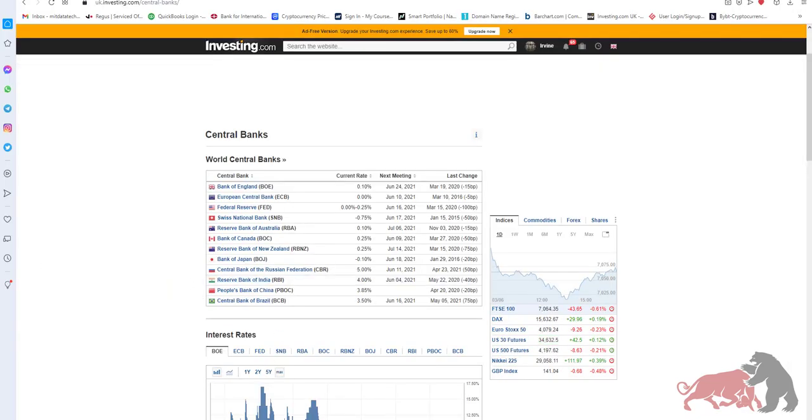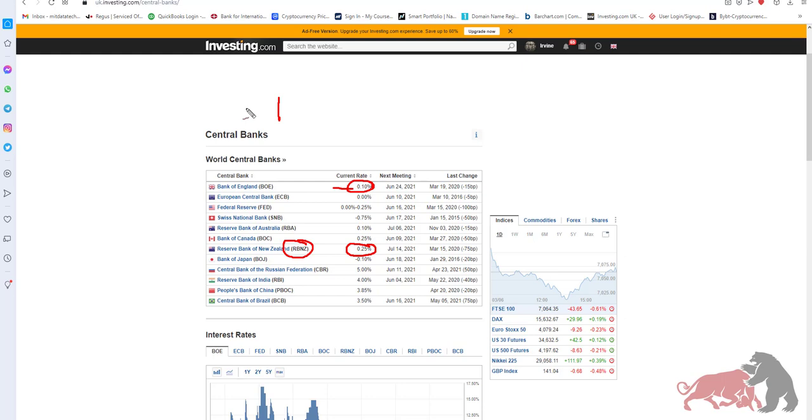Now, coming back to the interest rate markets, right? When we look at Bank of England, the rates are sitting at 0.1, right? Then we come to RBNZ. The rates are sitting at 0.25. Now, institutional sponsorship, looking at the interest rate markets, right?